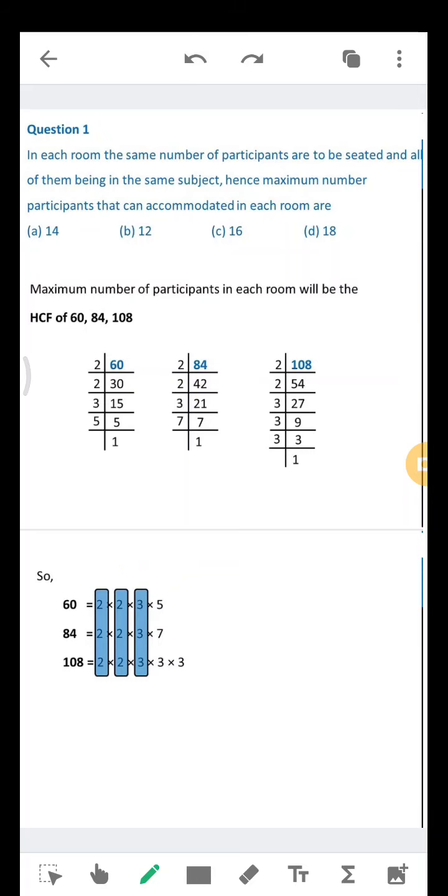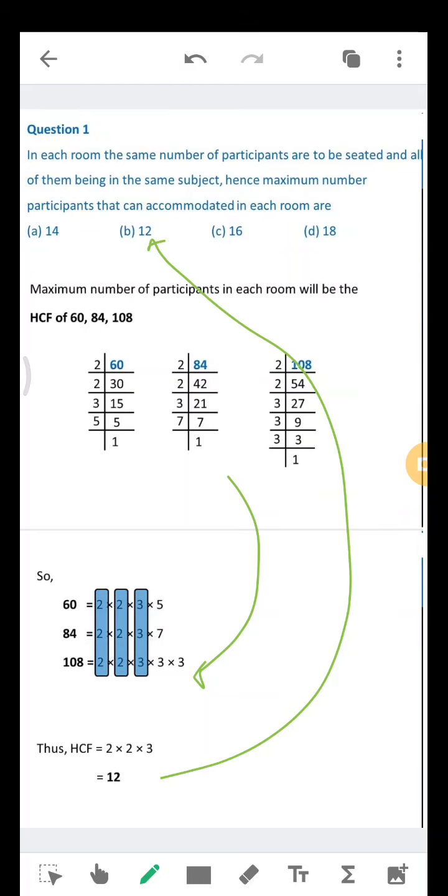HCF of these three numbers is 12. You know how to find HCF, but when to find an HCF, that should be known to you. So the correct answer for this is 12. So in each room we can have 12 teachers, and you see these all three numbers are exactly divisible by 12.